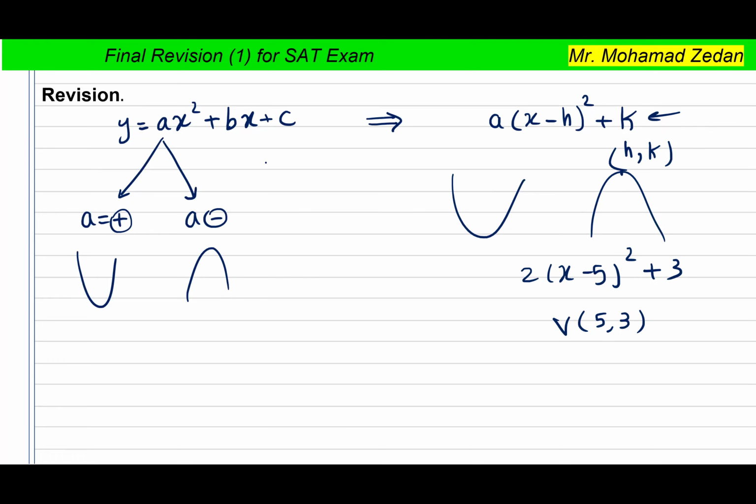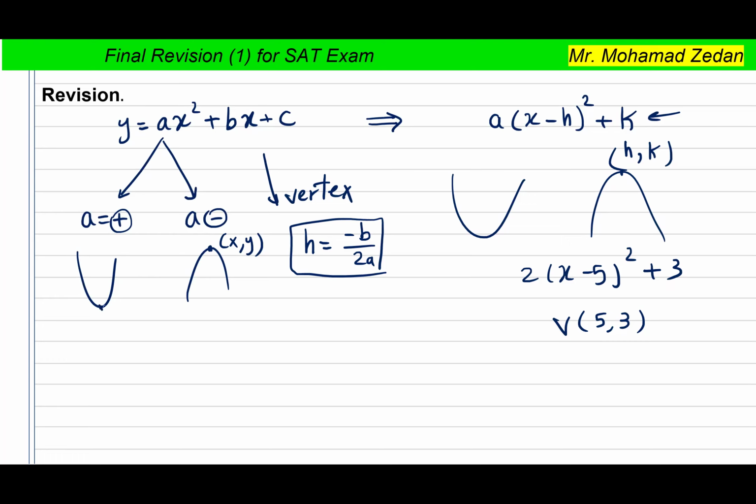But if you want to find the vertex from the general form of the equation, the x-coordinate of the vertex, h, is always negative b over 2a. This is the rule.